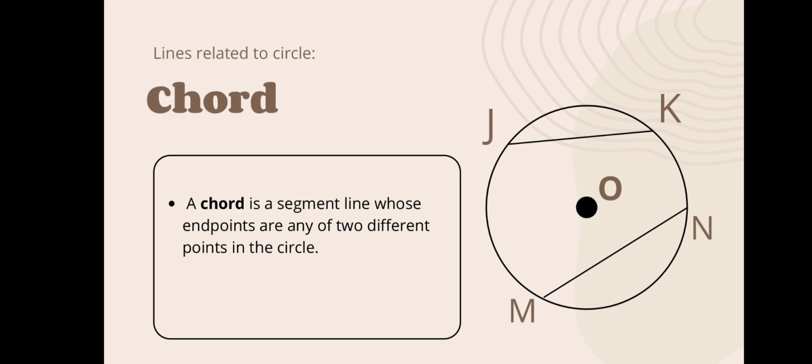So in naming a chord, we can name it line segment JK and also KJ. It doesn't matter the order, as long as the line segment is there. Also here, line segment MN or line segment NM. So these are the chords of the circle O.